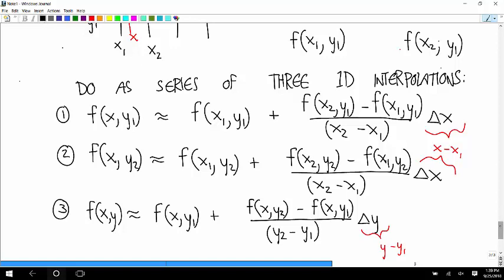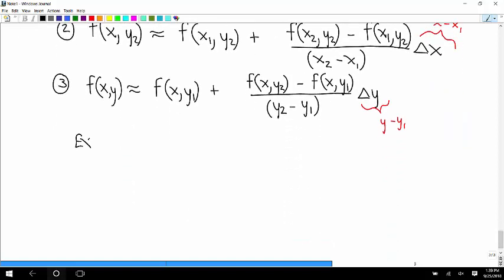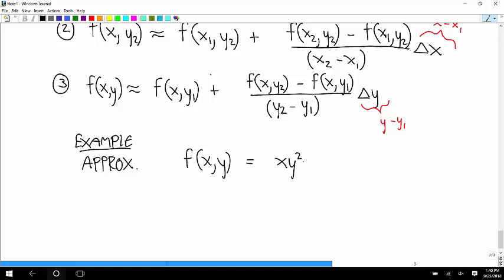Okay, let's try this. So let's say we want to approximate this function, function of x, y, and let's say it's equal to x y squared, at x equals 2, y equals 2, given these four values, and this would be like what you would read out of a table.